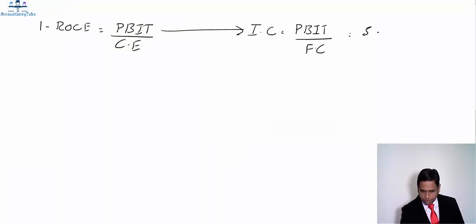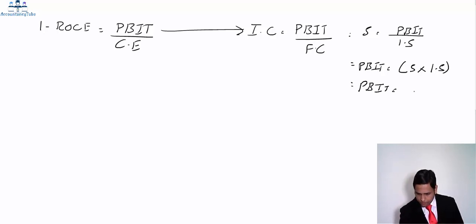Interest cover is 5, interest is $1.5 million. It's now just simple mathematics. Your PBIT is 7.5 million.